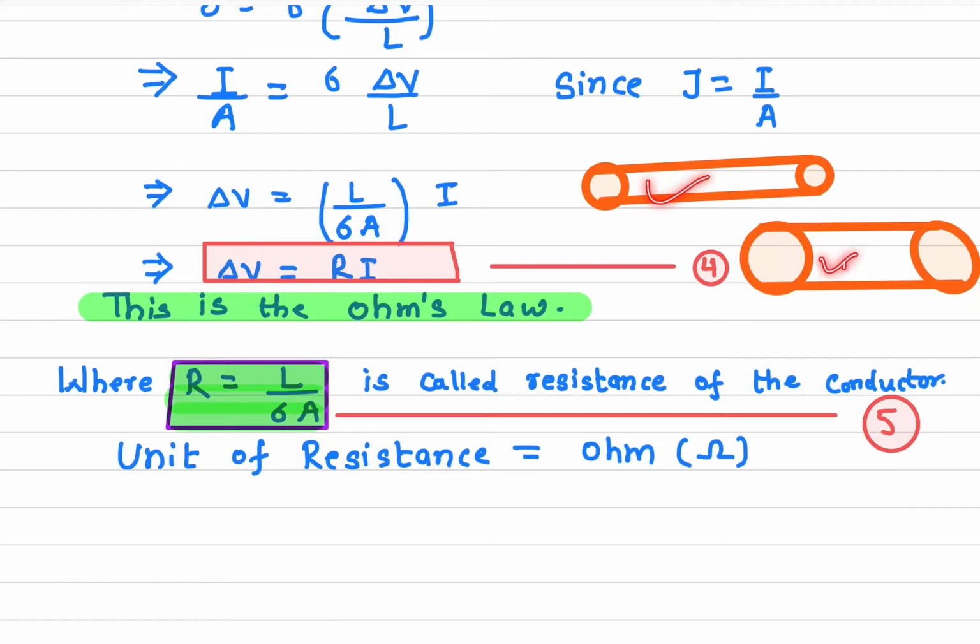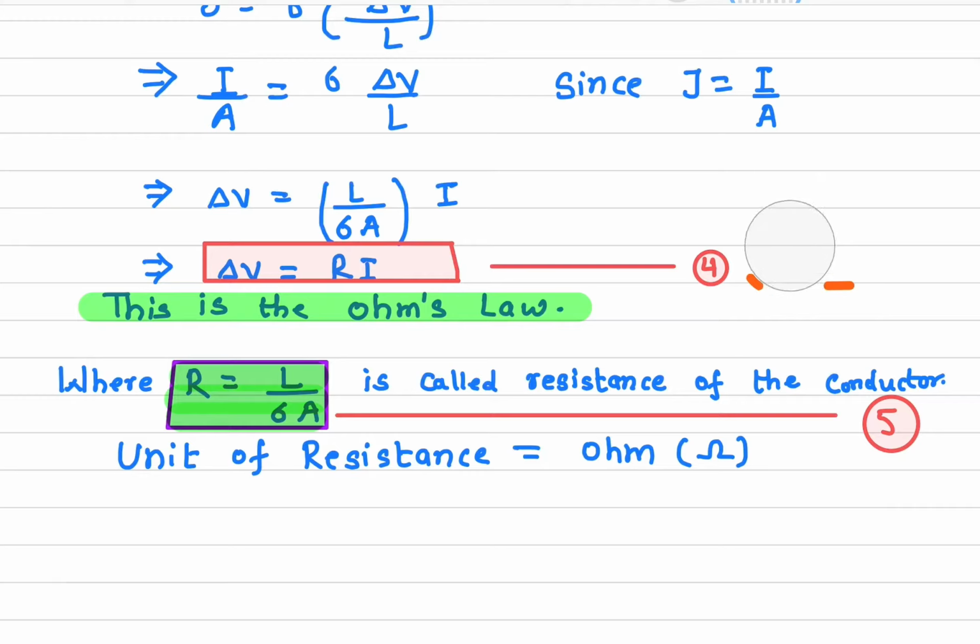If these two have the same length, that means this one will have a smaller resistance, or will oppose the electrons significantly less. You can think about it this way: the electrons have more area now, so they can flow easily compared to this one. Okay, and I'll talk about all these variations in a separate video.